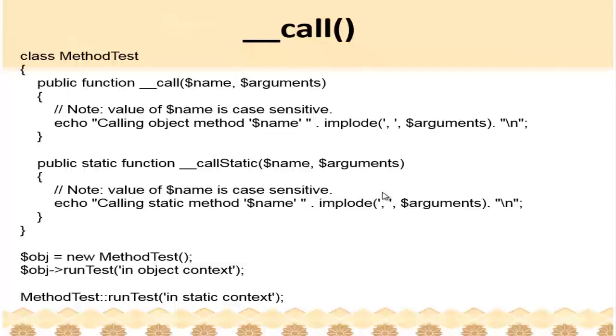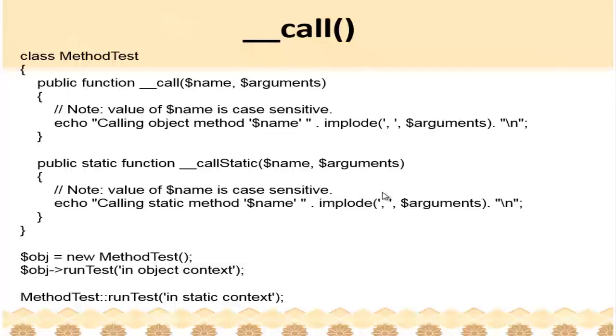Now, when we say polymorphism, it means many forms. That means dynamically you can add additional methods, provided you take care of adding the methods here. This method was not there in the definition of the class or in the blueprint, but you were able to add it to the definition at runtime by using __call.